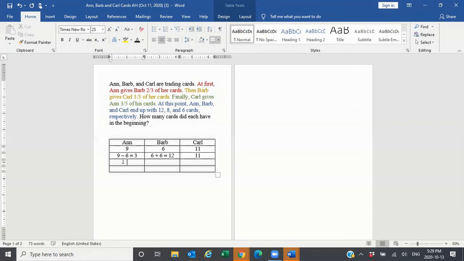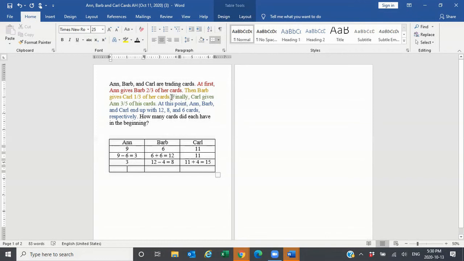And if we are to give Carl 1/3, that would be 4. So that is 12 minus 4 for Barb. That's 8. And then Carl, of course, gets 4. 11 plus 4, and that equals 15. And Anne played no role in this part of the question, so we will keep her at 3 cards.